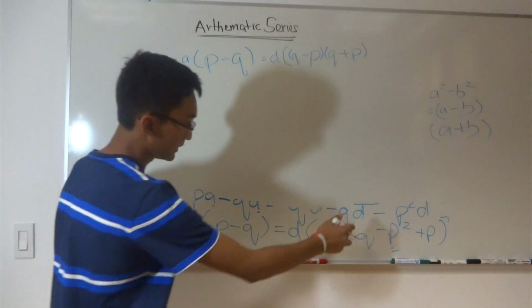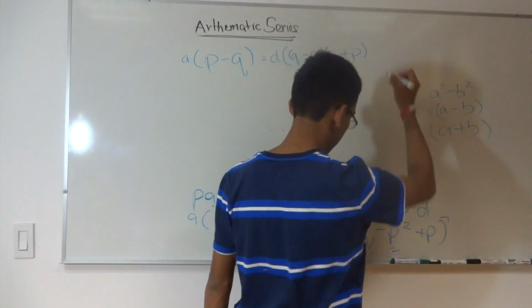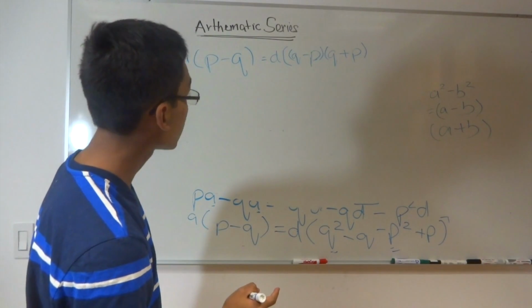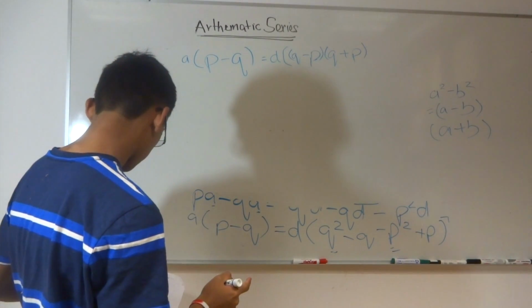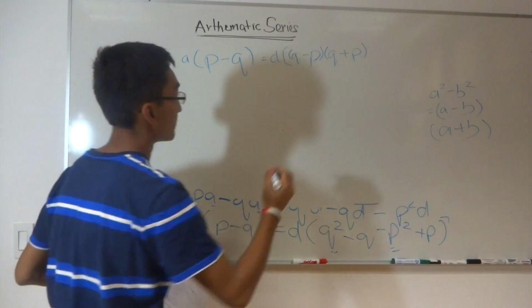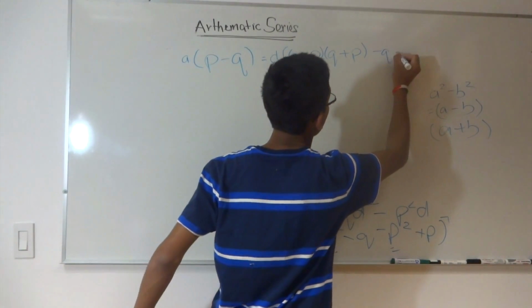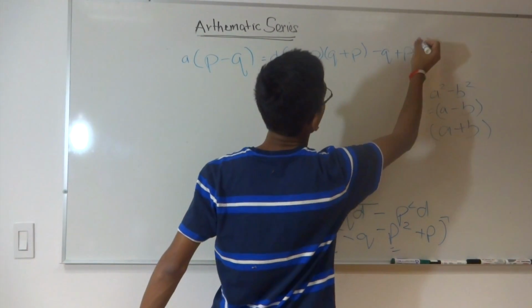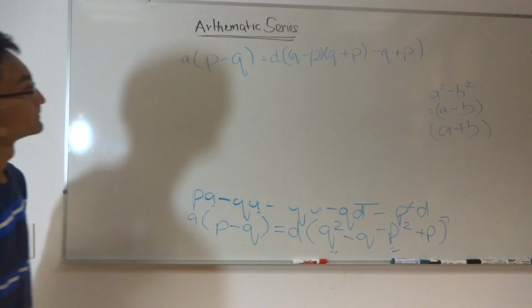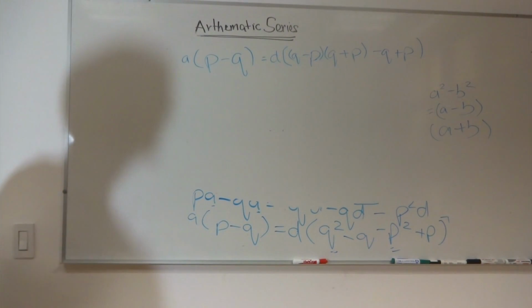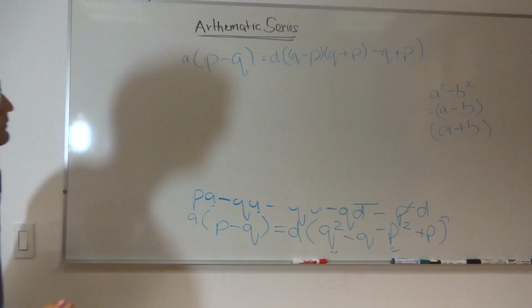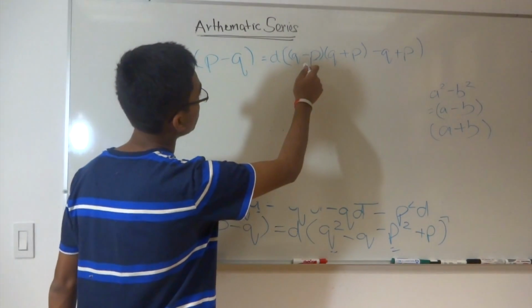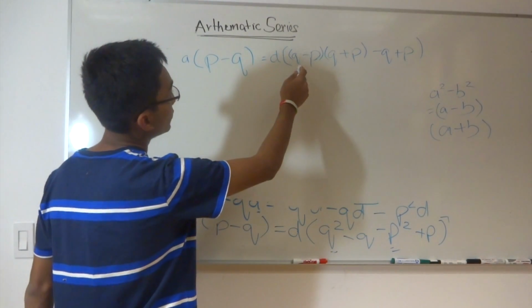And we've got p minus q. Now, come to think about it, how about we take q minus p as common?